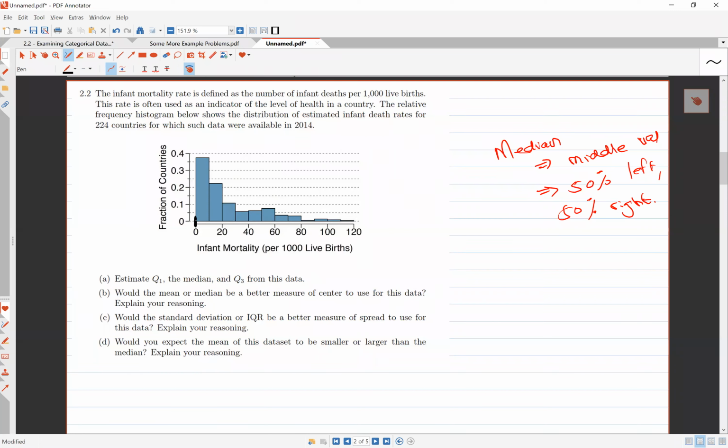The smallest value we have is 0, right? At 0, we have no observations yet, 0%. By the time we get to 10, the height of that bar is roughly 0.35, right?